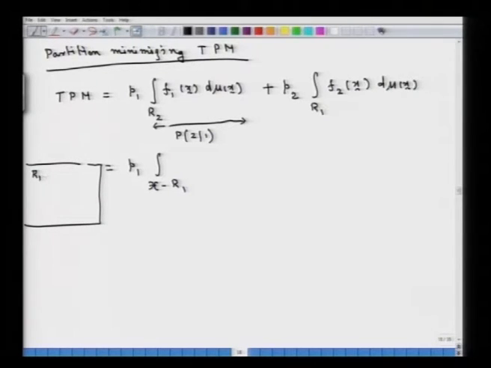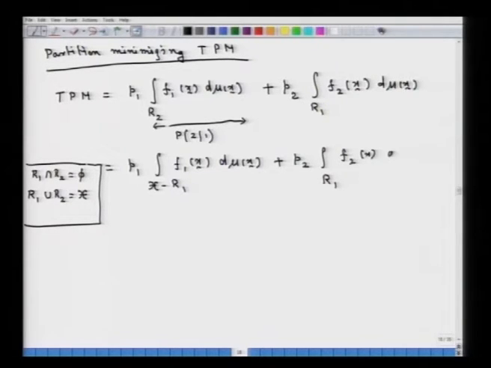So R1 intersection R2 is a null set, and R1 union R2 is the entire sample space script X. So, this region R2 is the sample space script X minus the R1 region. We do not disturb the second quantity at all and leave it as it is: integral over R1 of f2(x) d mu(x).